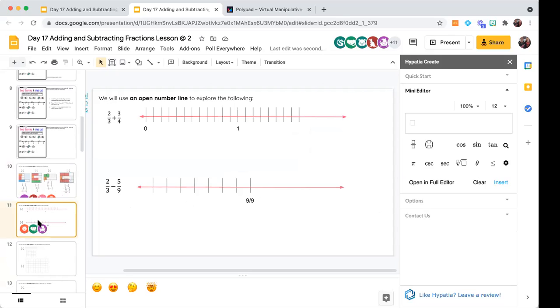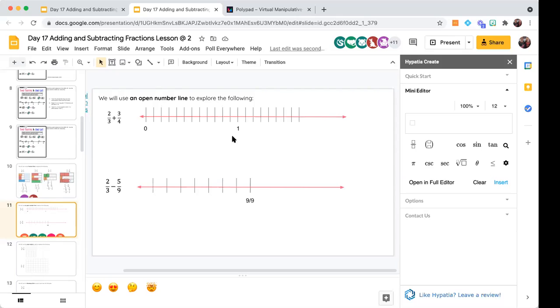We have 2/3 plus 3/4. I've got on my number line 0 and 1. So if I were to think about 2/3, I would have to split up my space between 0 and 1 into thirds, and then I would have to split from 2/3 if I want to add more to that, specifically 3/4. Then I'm looking at splitting it into fourths.